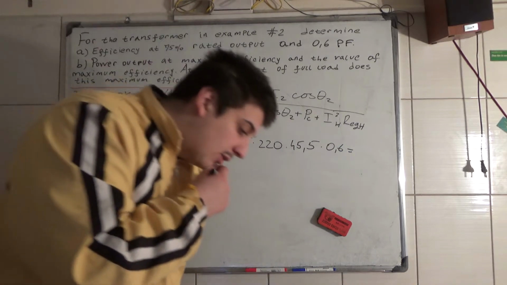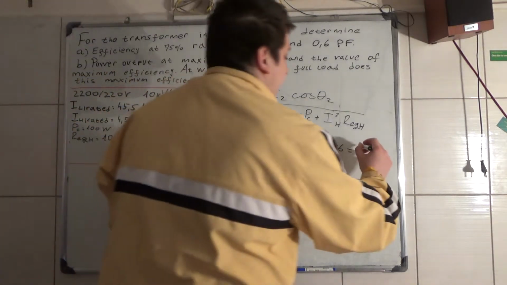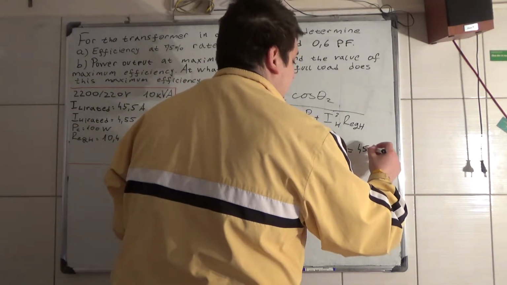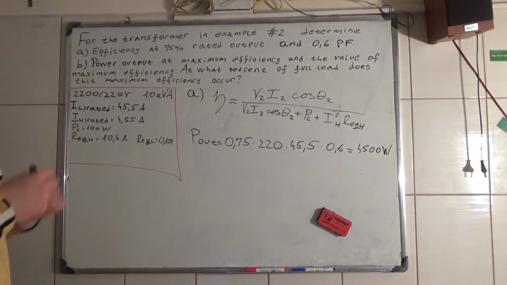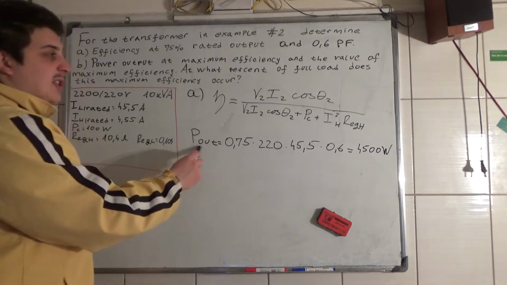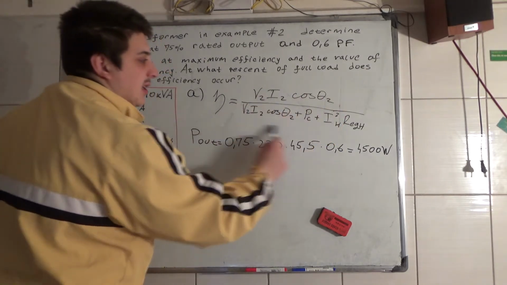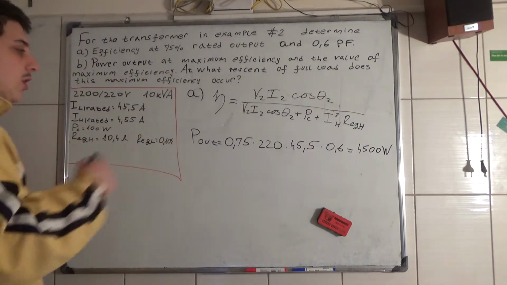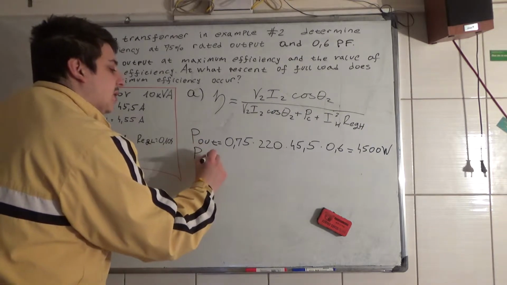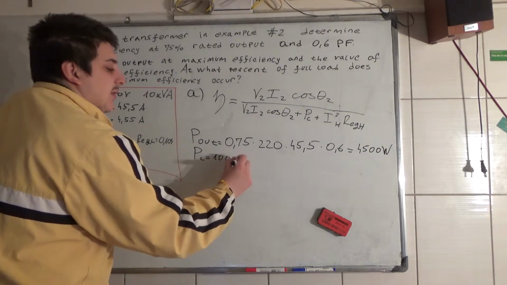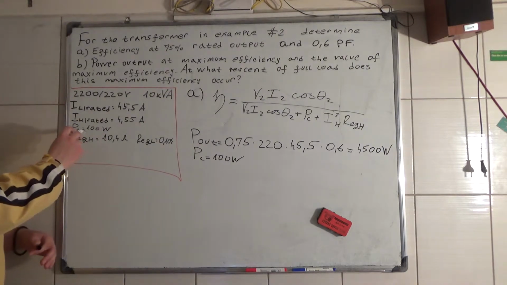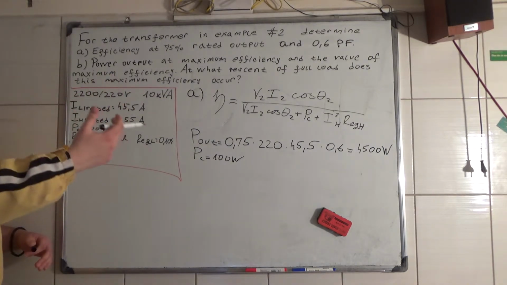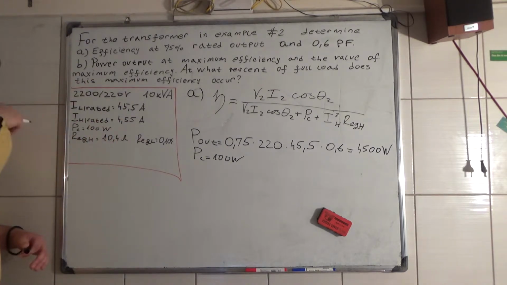Now, when you calculate that, you get 4,500 watts of power. So this P out is actually this in this situation. The core loss is 100 watts. That is from the no load test in example number 2, a parameter that I copied from there.